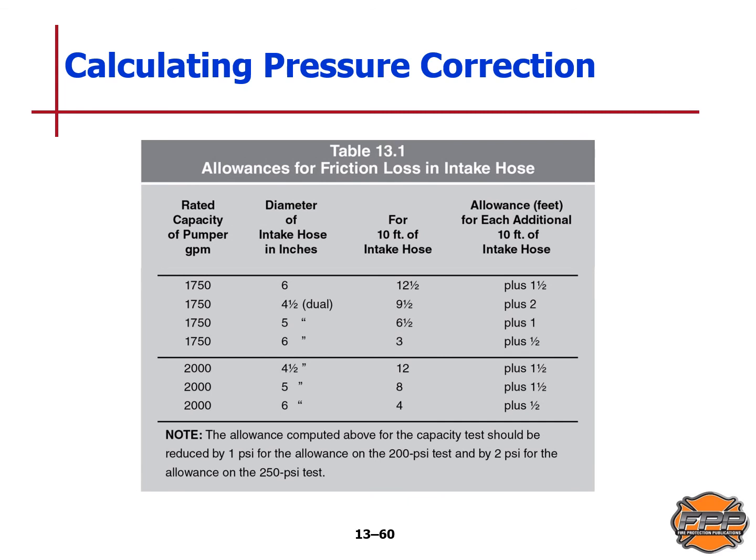This is the second part of that table, and this gives you the rated capacity of the pumper in gallons per minute, and again the diameter of intake hose, for 10-foot intake hose, and the allowance for each 10 feet of intake hose.